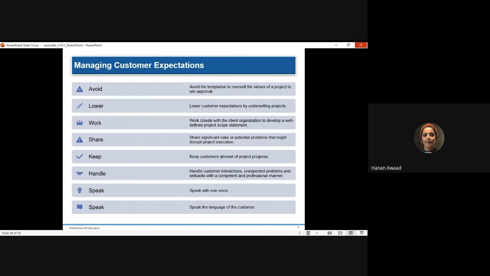Don't oversell, don't exaggerate, don't use words that carry exaggeration, like very, very, very good. You try to lower the customer expectations, but not in the wrong way.